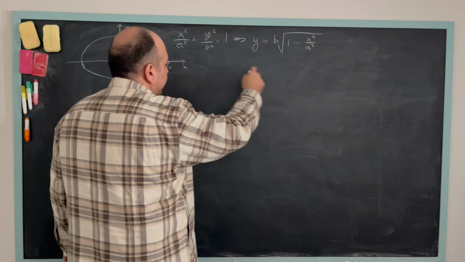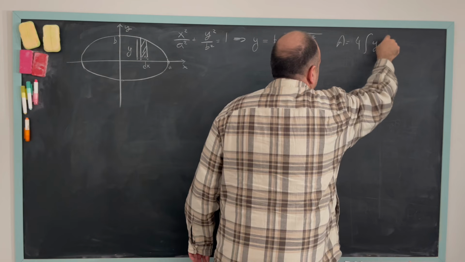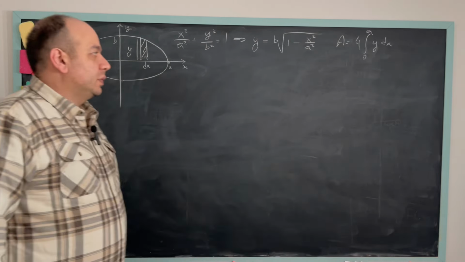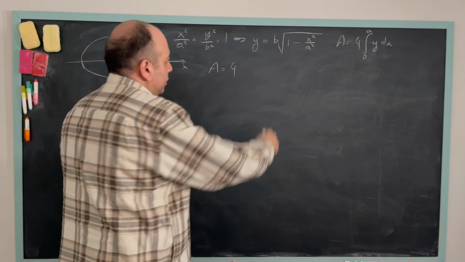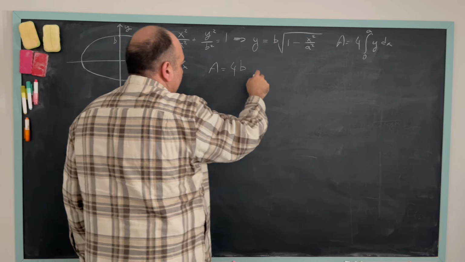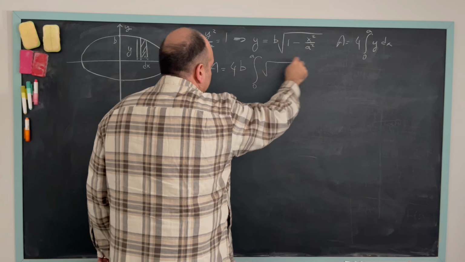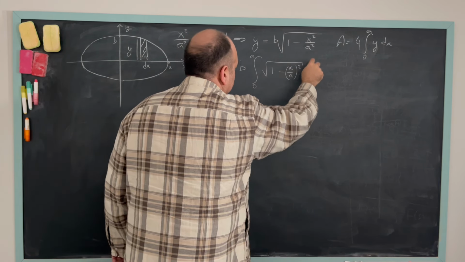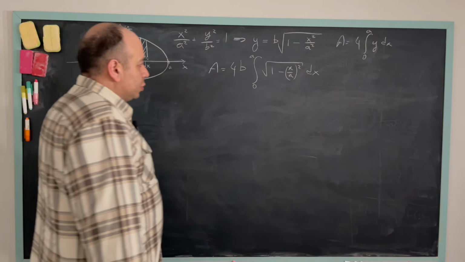In the end, the area will turn out to be 4 times the integral of y dx, right? x will change from 0 to a. This is what I want to calculate. So the area would be equal to 4 times, y is this, b is a constant so it comes out, the integral from 0 to a of square root of 1 minus x over a squared dx.